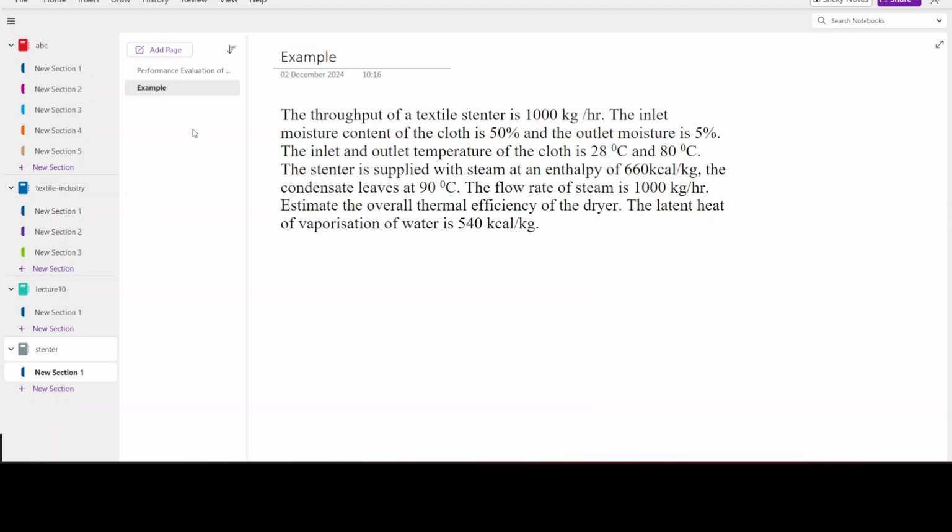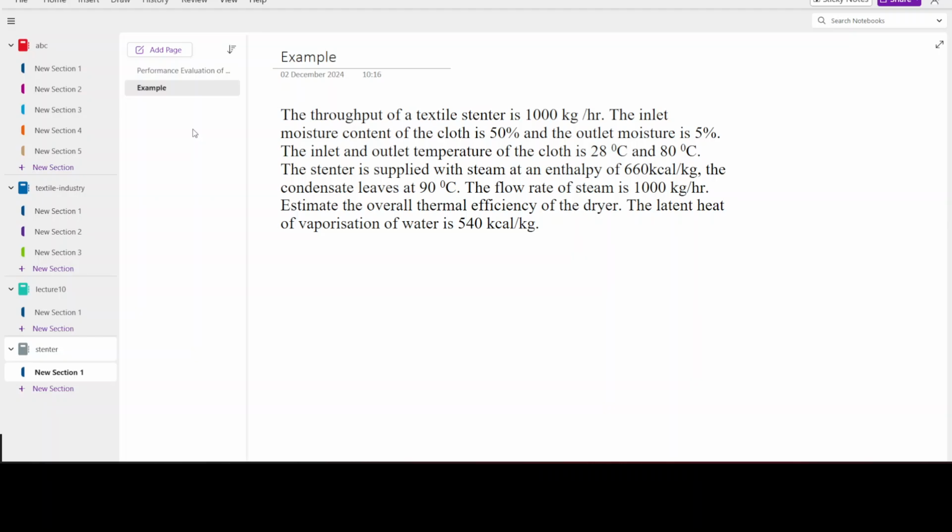The inlet moisture content of the cloth is 50% and the outlet moisture is 5%. The inlet and outlet temperature of the cloth is 28 degree centigrade and 80 degree centigrade.